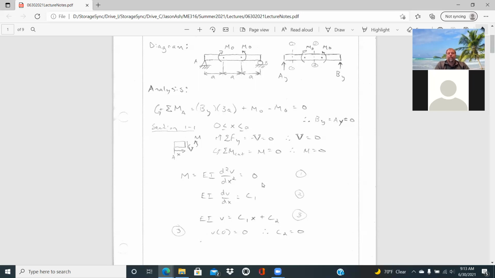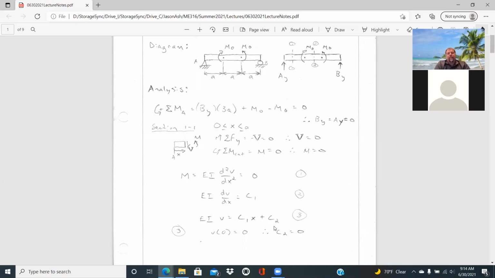And we still need to apply our boundary conditions. And so v of 0, the displacement at that pin connection, is 0. And so into that third equation, if the displacement's 0 and x is equal to 0, that forces C2 equal to 0.